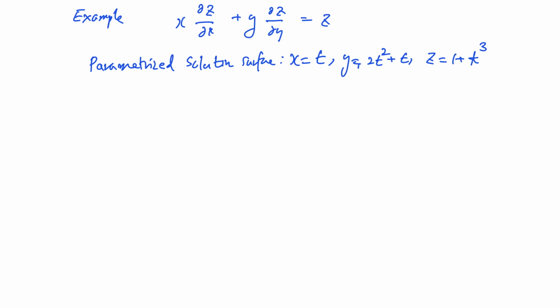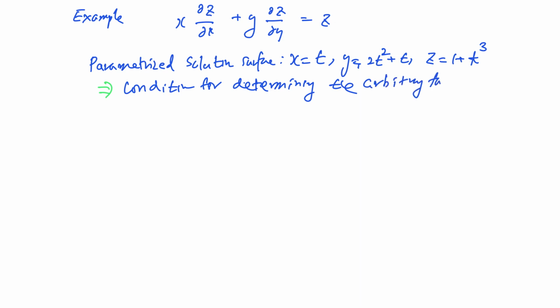So this is the condition for determining the arbitrary function. We can write down p is equal to x, q is equal to y, r is equal to z, right?